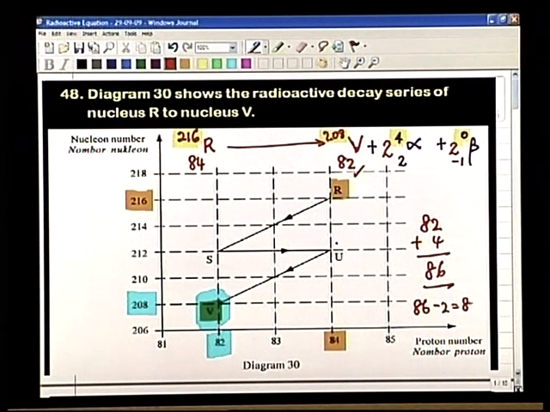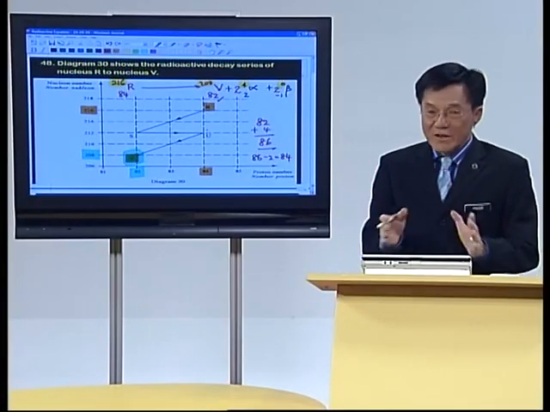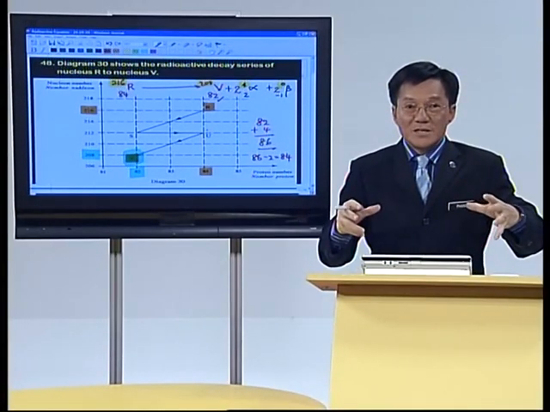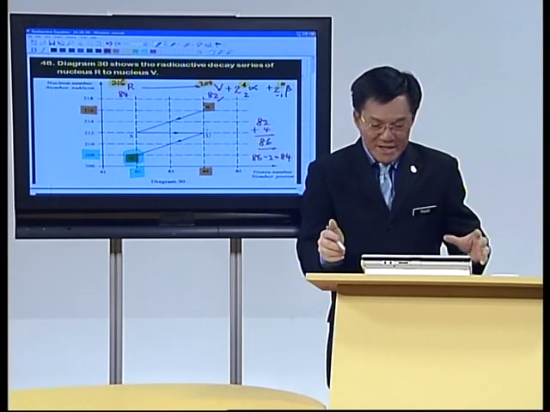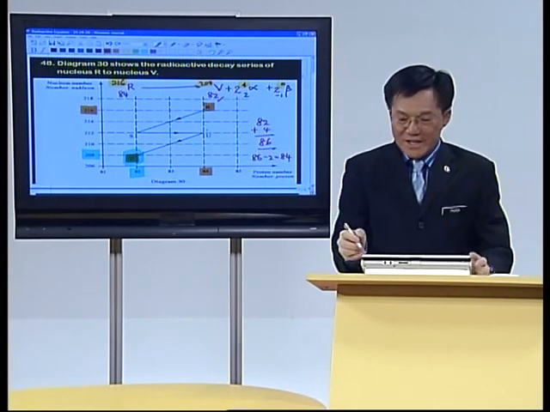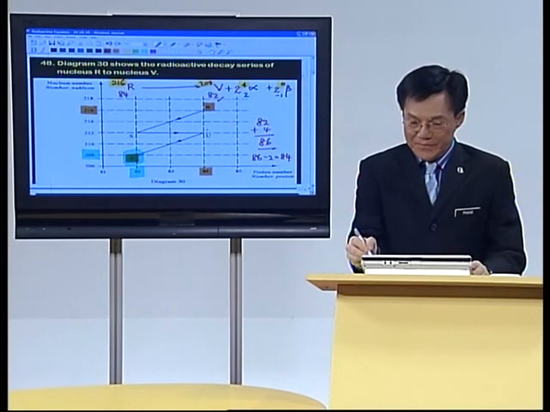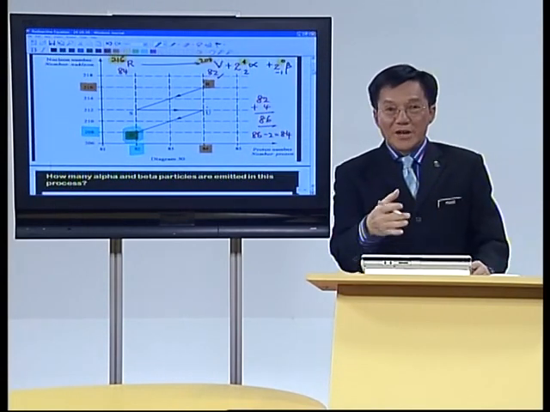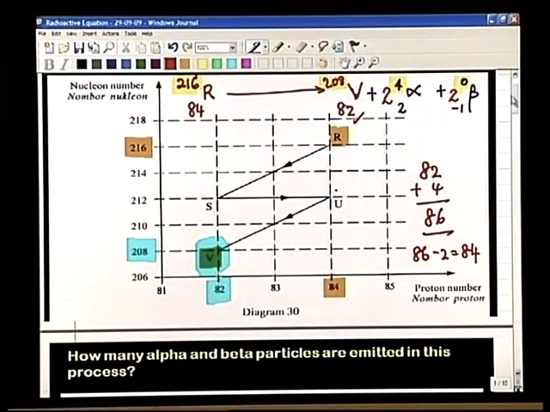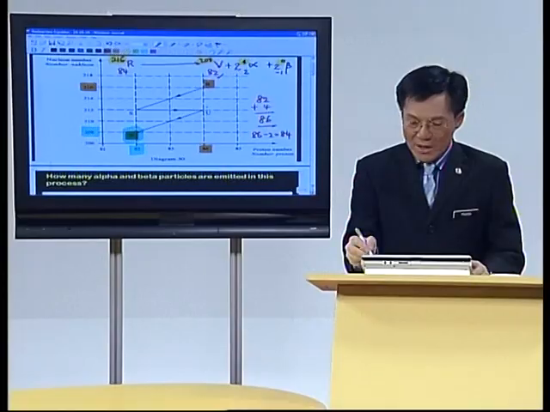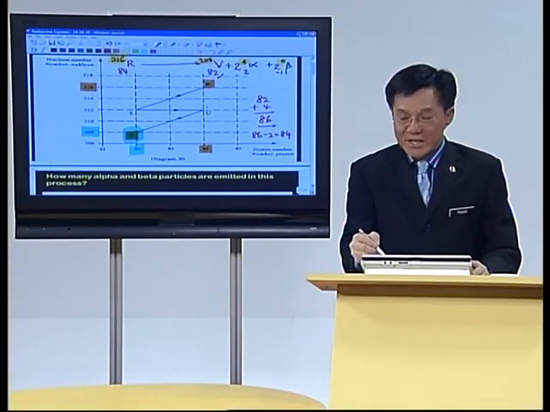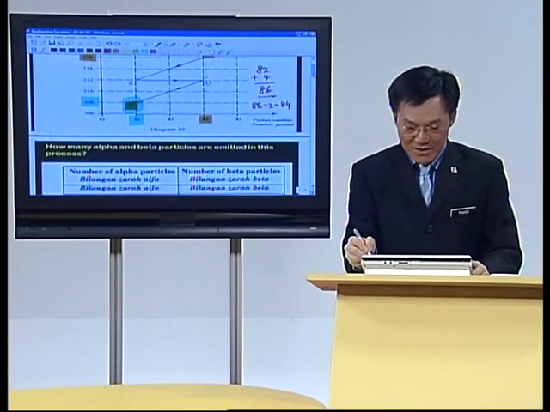So this will give me 84. And 84 is the same as the left-hand side, the proton number. So in short, from this simple calculation, doing a little bit of mathematics, we have understood that in this radioactive decay equation, I have 2 alpha and 2 beta particles given out.